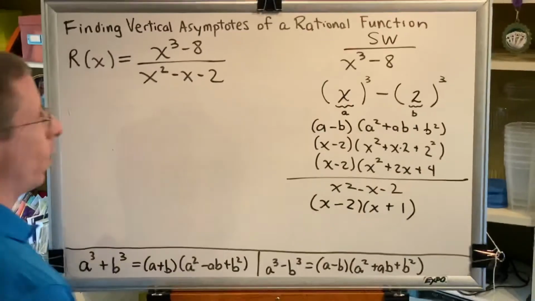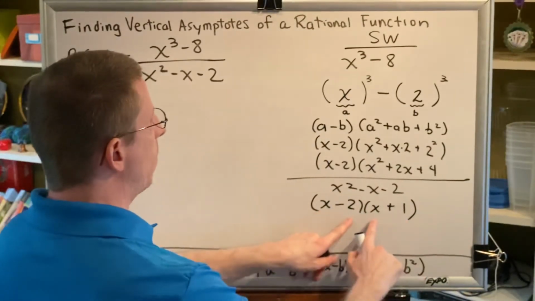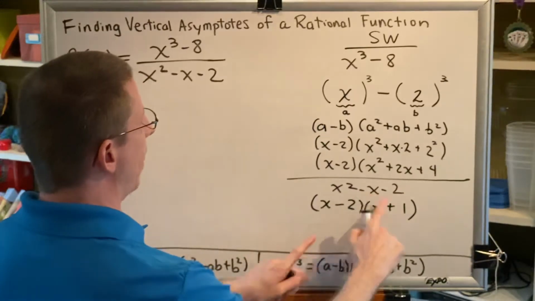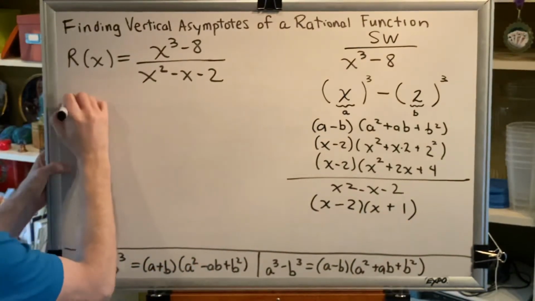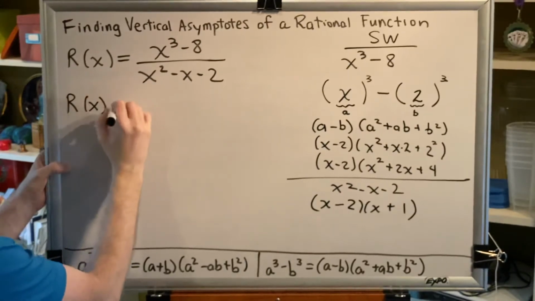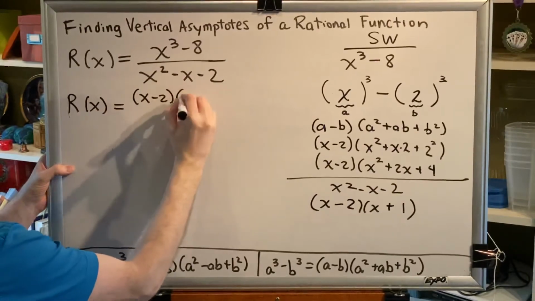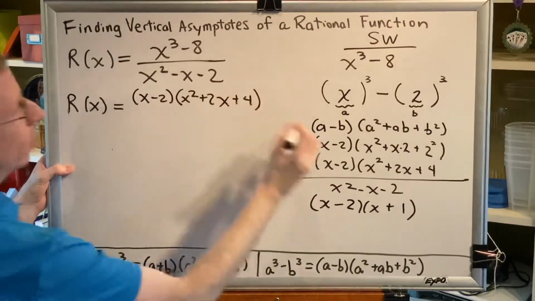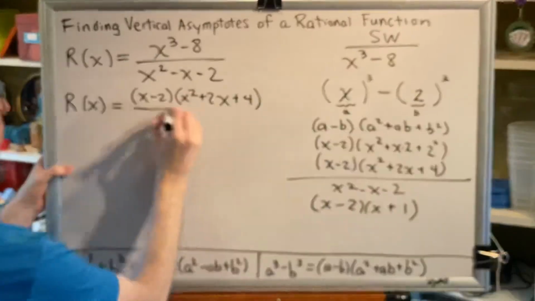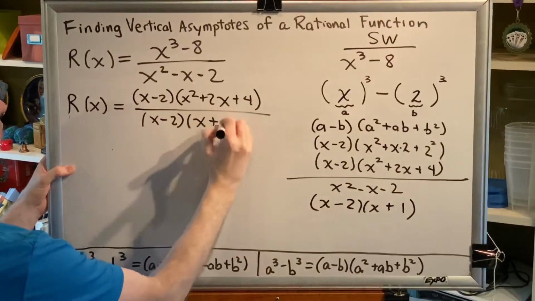I can check this with FOIL if I would like. X times x is x squared, plus 1x minus 2x makes this minus x minus 2. Okay, so now I can rewrite my capital R of x in factored form. My numerator is an x minus 2 times an x squared plus 2x plus 4. My denominator is an x minus 2 times an x plus 1.